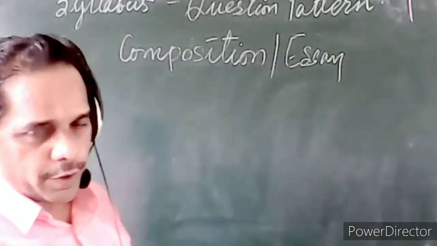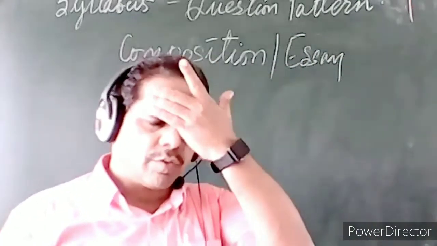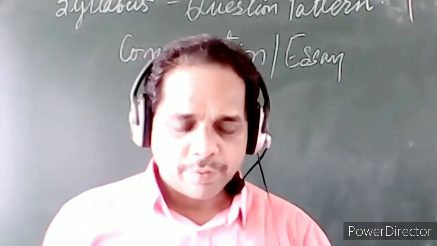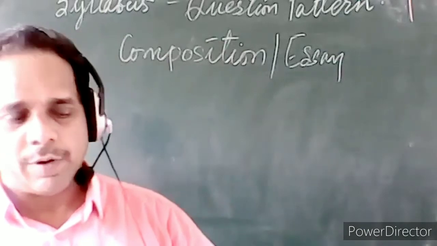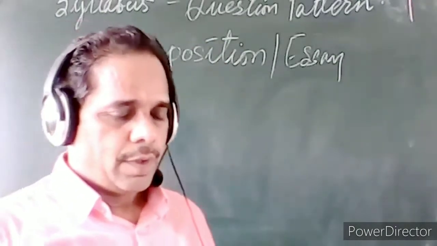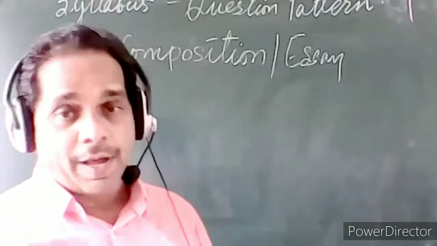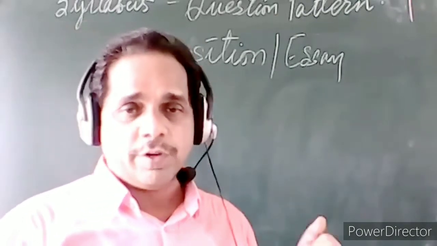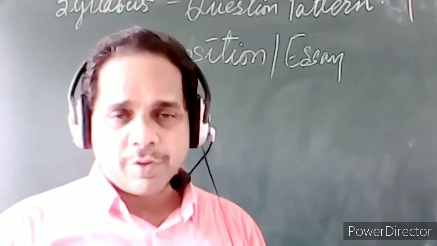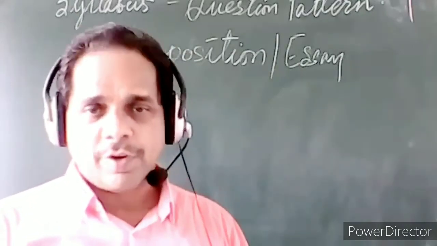This is for 20 marks, you know it. In class 10th also it was for 20 marks. But actually it was 25 marks earlier in class 11th and 12th. Now they are reduced to 20 marks because of the project. So in 9th and 10th it's 20 marks, and 11th and 12th also 20 marks.